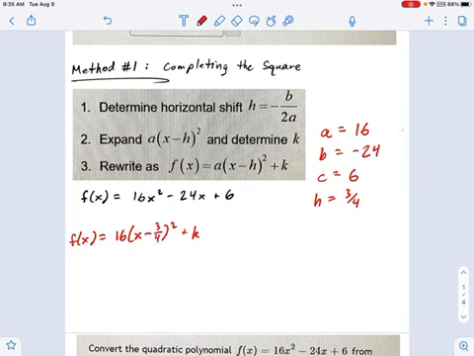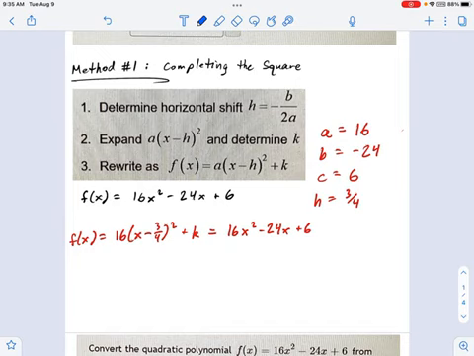I don't know what k is. Let's hold on to that for a moment. That's our function, and I know that it must be equal to 16x squared minus 24x plus 6. Okay, that's what we were given. So the question is, how do I figure out k? Once I know k, then I'll have rewritten my function in vertex form right here.